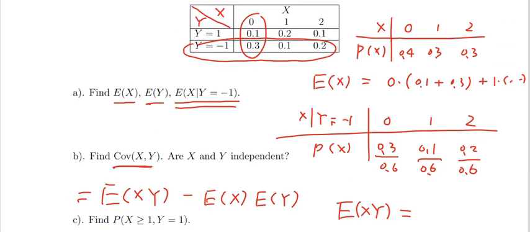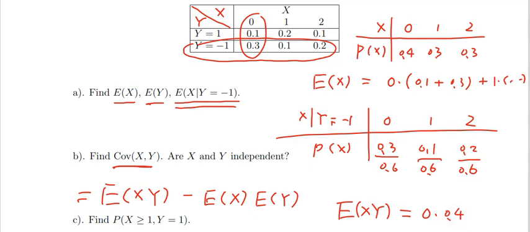E[xy] is found by listing all possible values of x times y. x can be 0, and y can be 1 or -1. When x equals 0, x times y is 0, and the probability that this happens is 0.4, right?